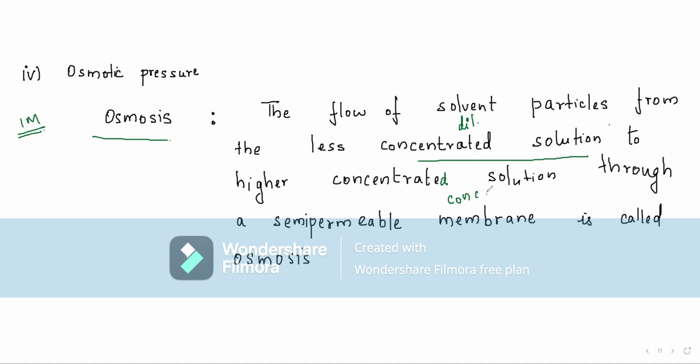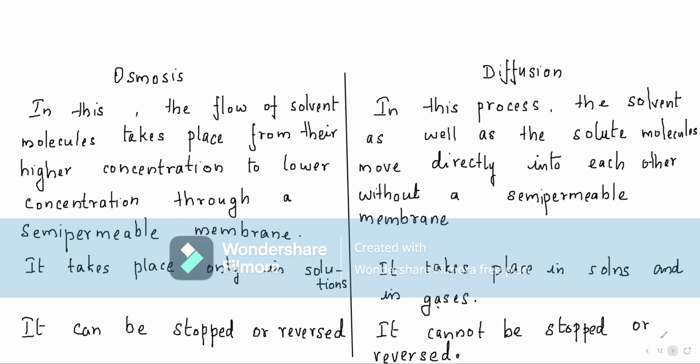Only the solvent will be flowing through a semi-permeable membrane. That movement is called osmosis: the flow of solvent from dilute to concentrated solution through a semi-permeable membrane. Osmosis has to be differentiated from an identical-sounding term, that is diffusion.